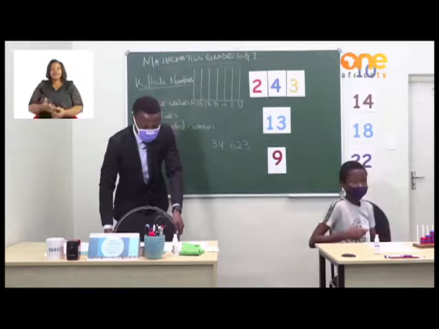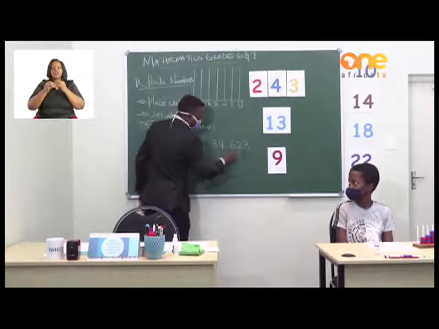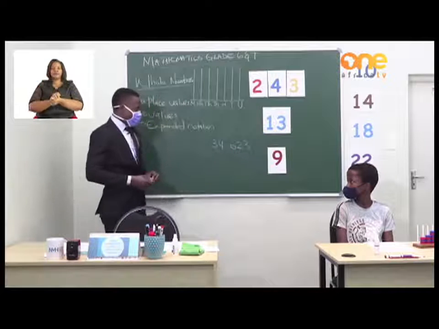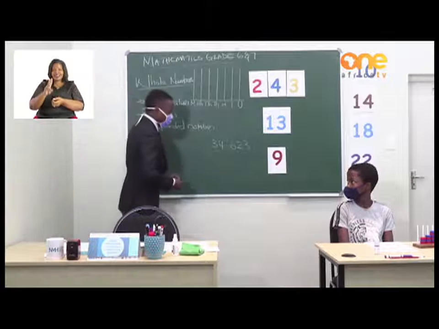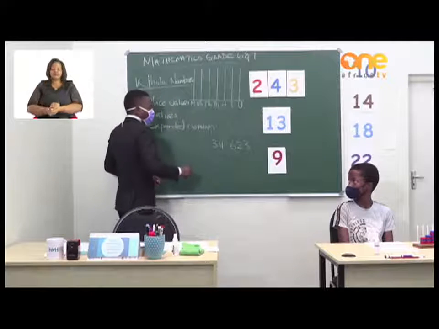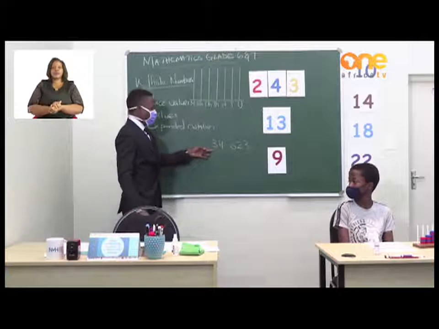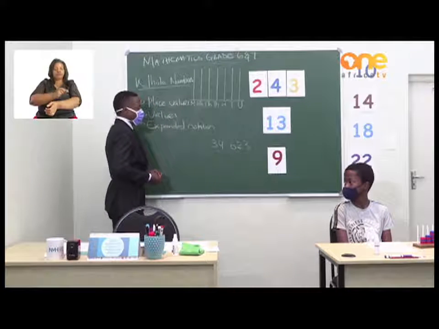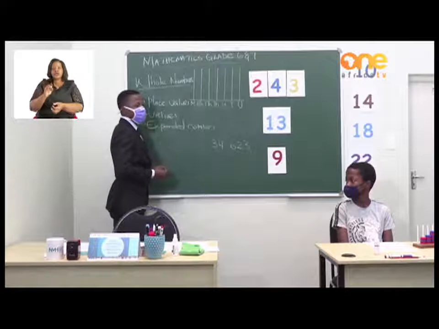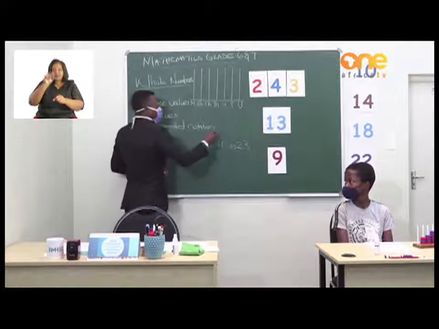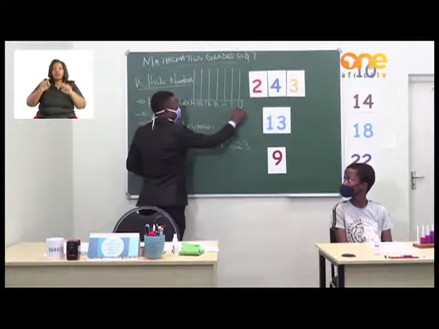Coming to the chalkboard, the number you can see here is 34,623. This is the number which appeared on that abacus we were just showing. If we are to put this number on a drawn abacus, remember you can write it this way: you always start with the unit, which is a 3.